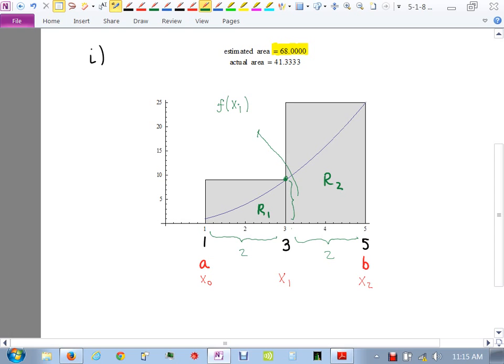It's the function evaluated at x1, which in this particular problem is 3. Any questions? Okay, now what's the height of the second rectangle? It's f of x2, which for us in this problem is f of 5.